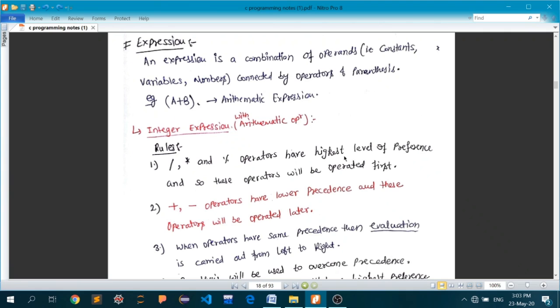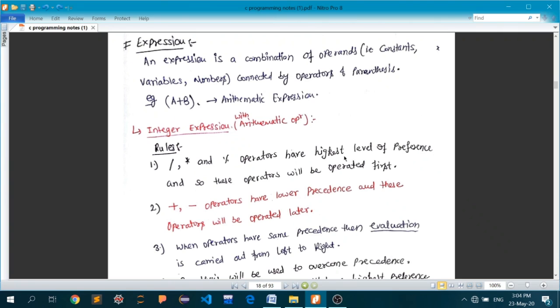A and B are the operands, and the summation symbol that you have used to add those two variable values is called the operator. Parentheses means you can use these circular brackets every now and then to manipulate the expression.